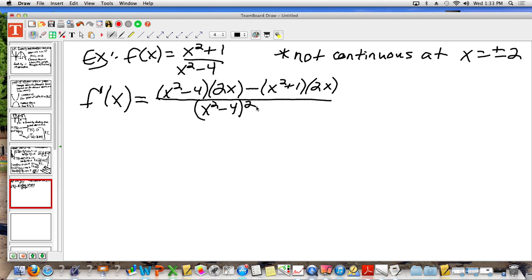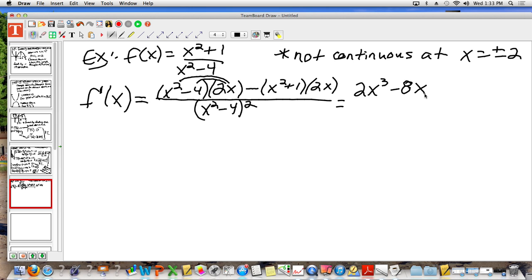Very nice. Quotient rule to find the derivative. You've got to clean this up, and we are going to clean this up by distributing this into this, this into this, which is going to get me 2x cubed minus 8x.